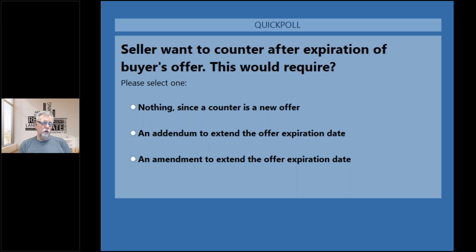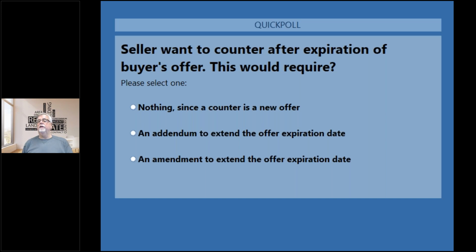But it doesn't look like you're going to be able to counter the buyer's offer in the time period that the buyer has given you for acceptance. So is this a problem? What should you do? Nothing, because a counter offer is a new offer. So who cares if you miss the time period?